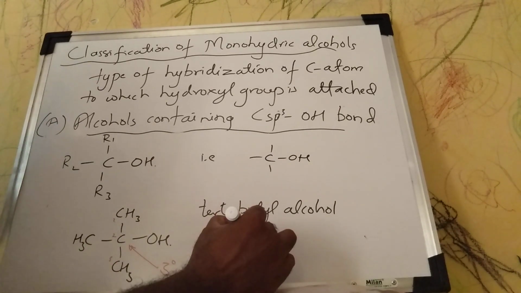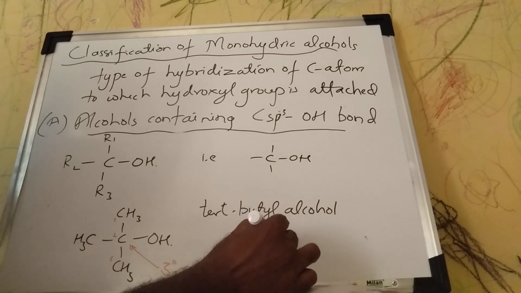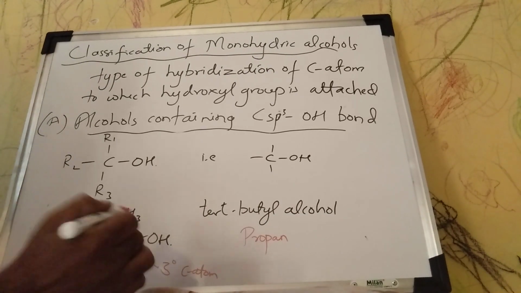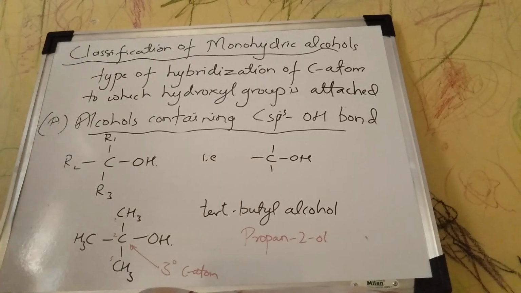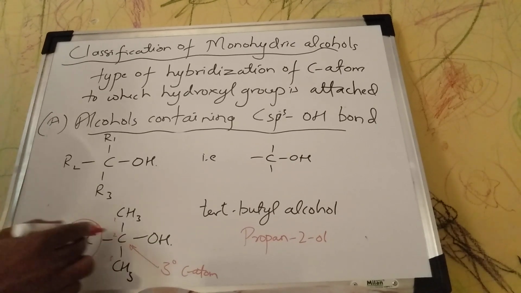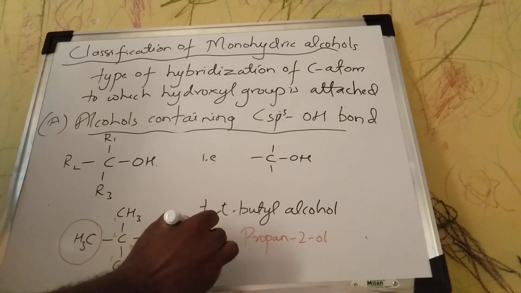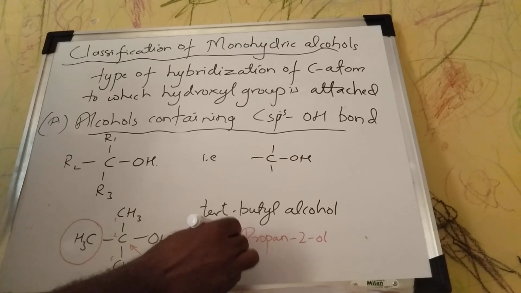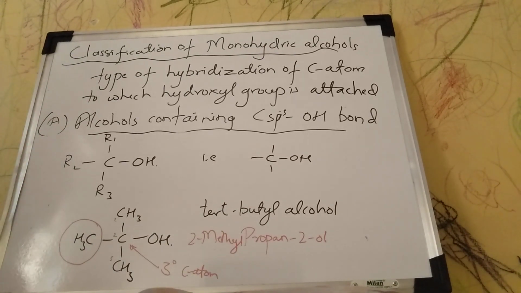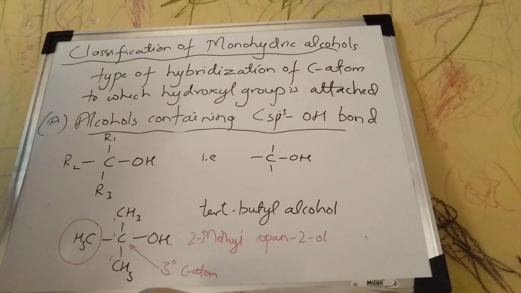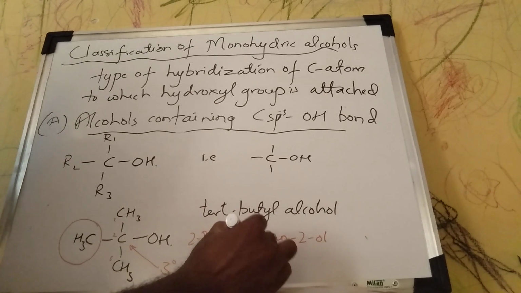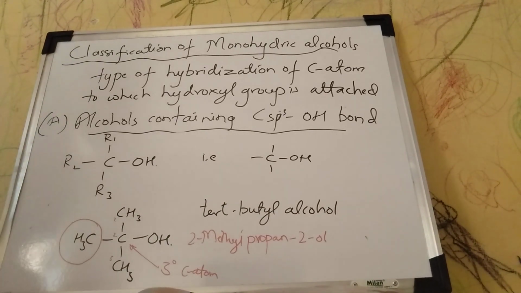So 3 means propane, right? On second you have the OH, propan-2-ol. This has a substituent methyl, which is attached to the second carbon atom. So it is 2-methylpropan-2-ol. The P over here, the parent P, is small. 2-methylpropan-2-ol.